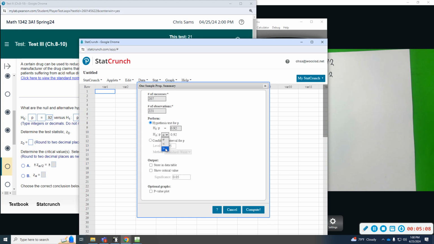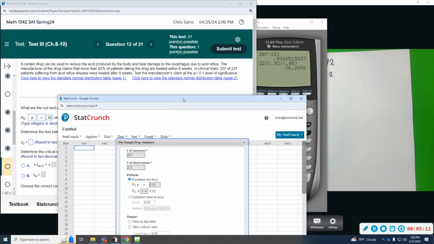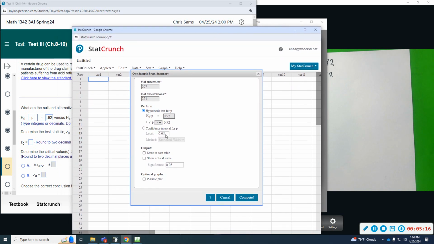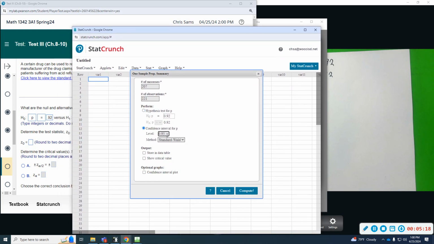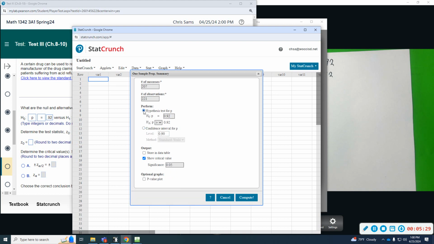We want to do greater than. Confidence level, the alpha, the rejection region is 10%. So that means the level of confidence is going to be 90%. So I think we want to do the hypothesis test and the confidence interval. We'll look at both of them. It's going to compute.